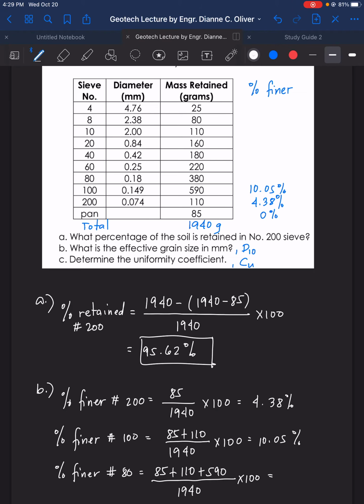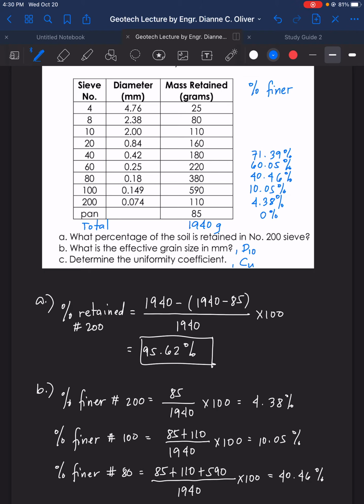That is equal to 40.46%. And so on and so forth. So let's put here 60.05%. I hope you got the idea.